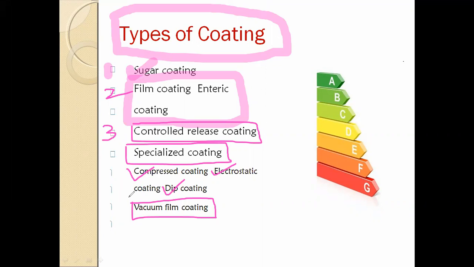I again repeat, your core can be a tablet, a capsule, or a granule, but in your syllabus you have a special point, that is tablet coating. It's not only that we apply it on the tablet core, but you can apply it on the capsule or even on the granules.